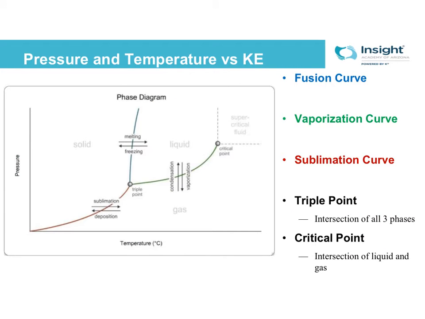So, phase diagrams will look something like this. Every different substance is going to have a different phase diagram. Water is going to have a phase diagram where its liquid portion is much bigger, because water has a much larger range where it tends to be liquid.